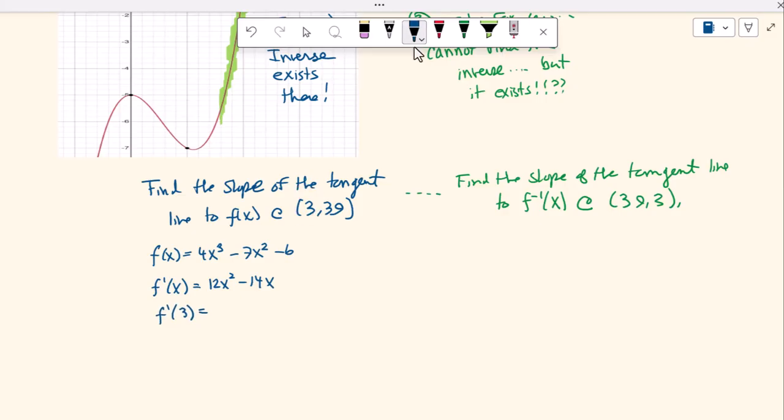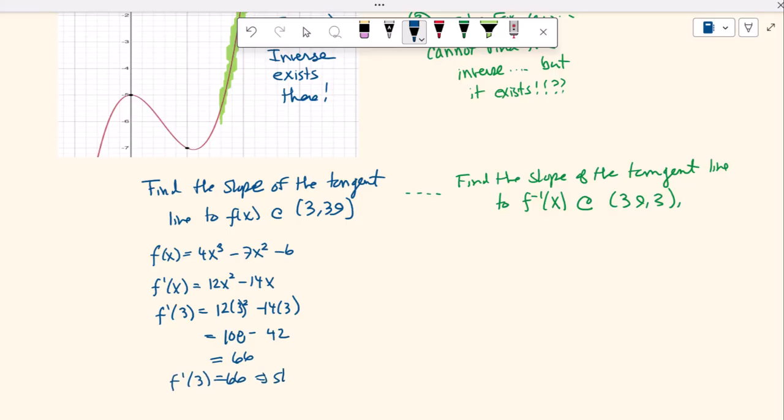So let's go ahead and plug a 3 in there. We're going to have 12 times 3 squared minus 14 times 3. Okay, 3 squared is 9. 12 times 9 is 108, and then 14 times 3 is 42. So when I subtract those, that's going to give me the slope, and I'm going to get 66. So f prime of 3 equals 66.